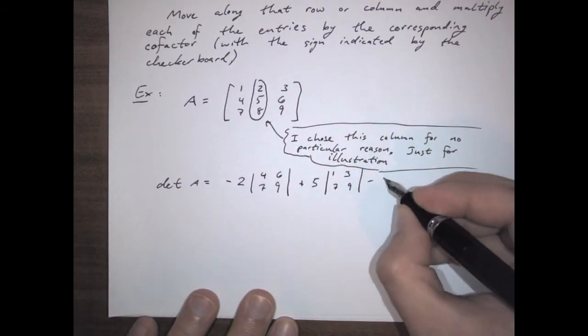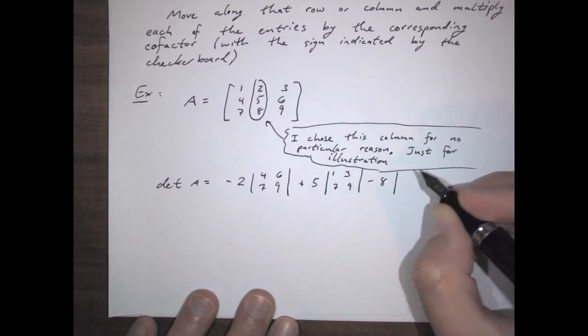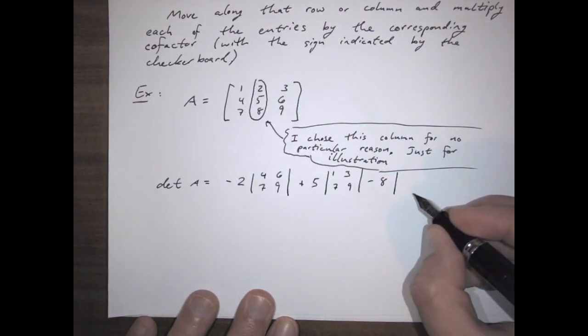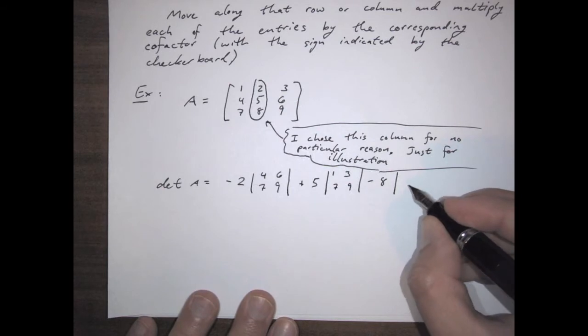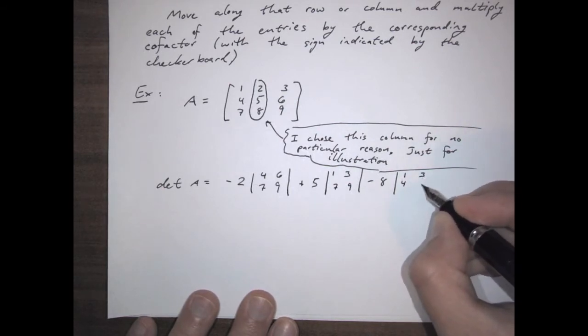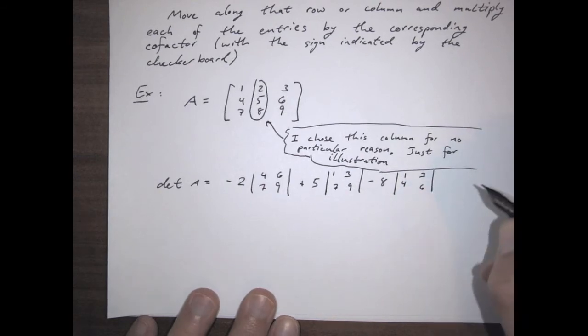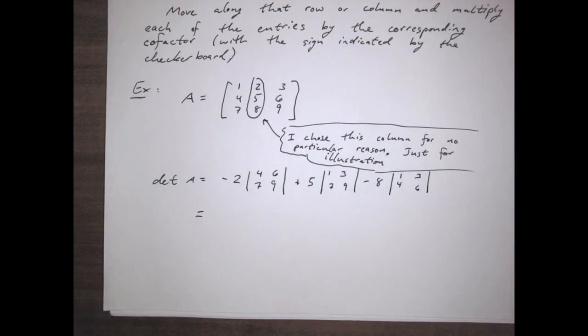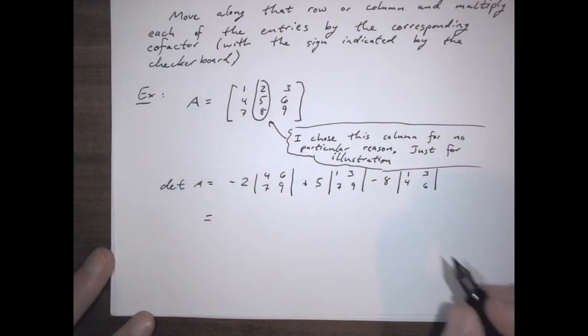And we're going to have 8, which is the entry, times the determinant of the result of deleting row 3 in column 2. So it's going to be 1, 4, 3, 6. And then each of these is a 2 by 2, so I reduced the problem down to a simpler case that I can then just do by the little formula.